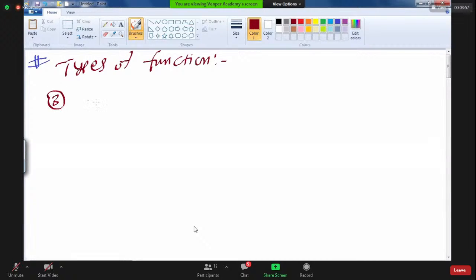Let's see the third type, which is onto function. It is very important. So what is onto function? Write the definition in simple language.